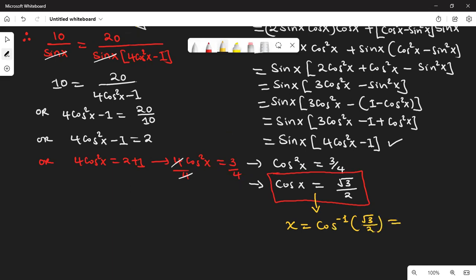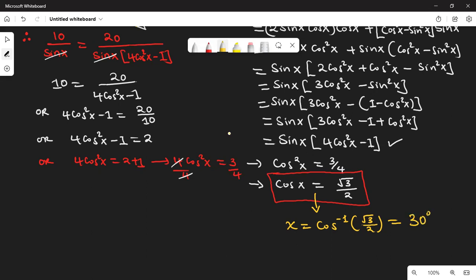If you press this in your calculator, let us see what you're going to get. So we start by pressing the square root of 3 divided by 2, then the cos inverse of the answer. That will give us 30 degrees. You could also convert that to radians. So the x there is 30 degrees.